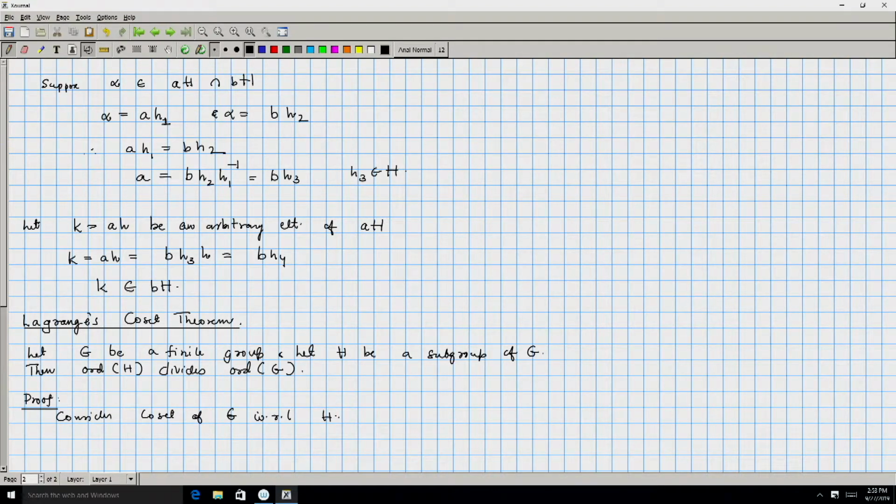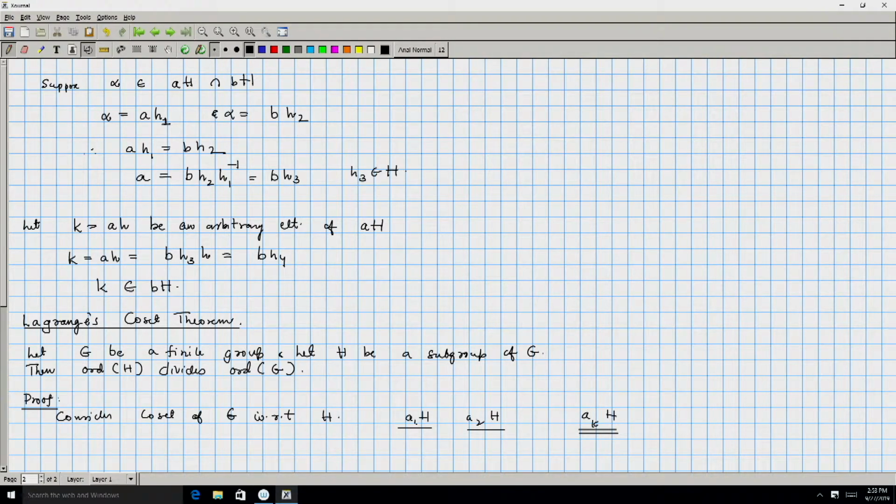The order of H is the number of elements in H and the order of G is the number of elements in G. If you consider the cosets with respect to H, let us say they are A1H, A2H, up to AKH, the distinct cosets. If we had taken all the elements of G, some of the cosets may overlap, but here we are just enumerating the distinct cosets.